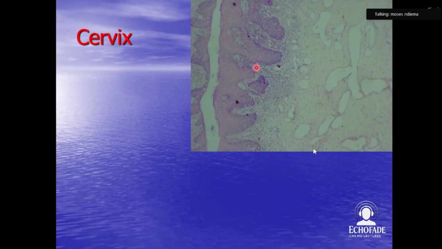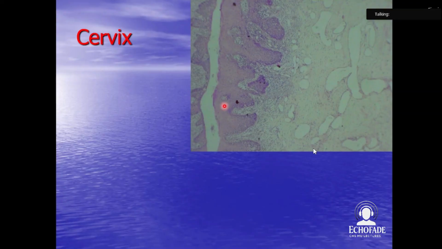We have the lower part of the cervix, and the lower part of the cervix is lined by stratified squamous non-keratinized epithelia.